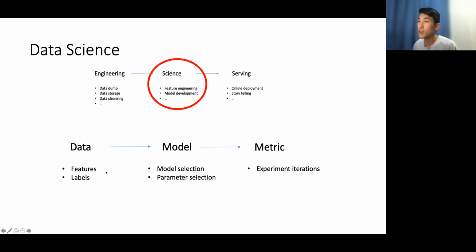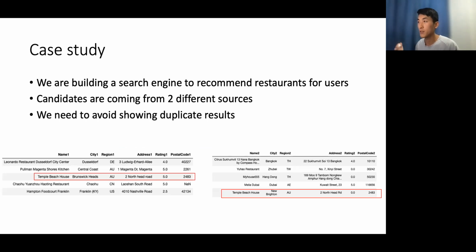On the left part, usually a lot of people provide this for us. But now, given this dataset or problem, we don't really have a label. So we need to design it by ourselves. And secondly, we don't really have good features.